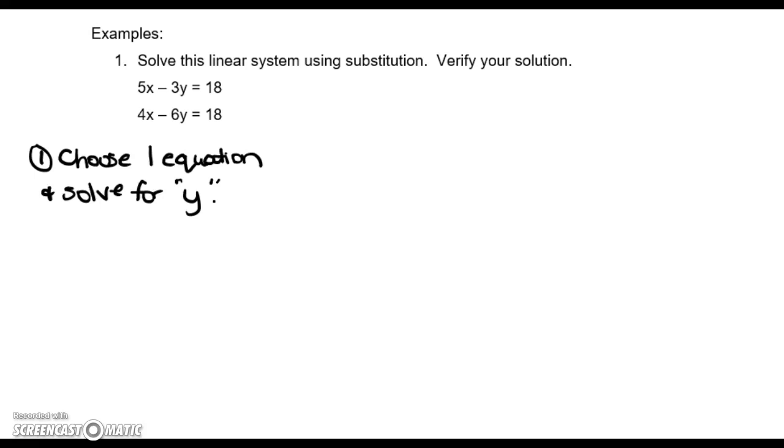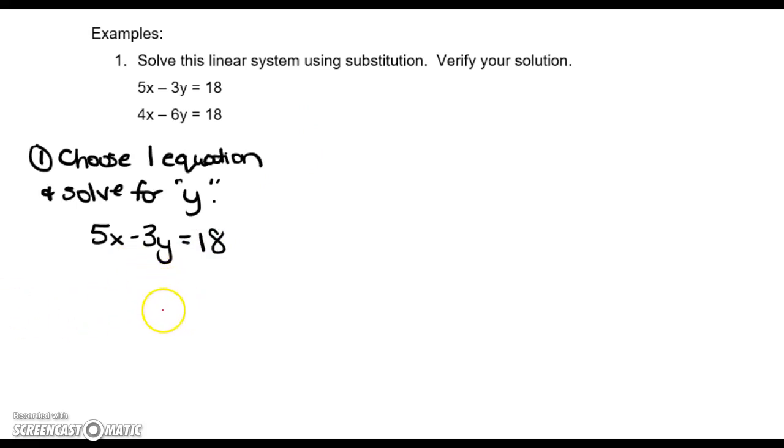There will be a little bit more when you get to more advanced maths, but we're not going to worry about that now. So here I'm just going to choose the first equation, 5x minus 3y is equal to 18, and I'm going to solve for y.